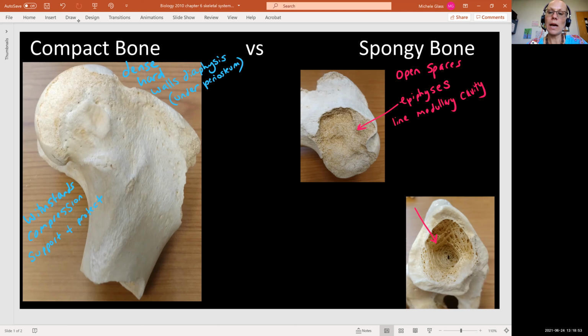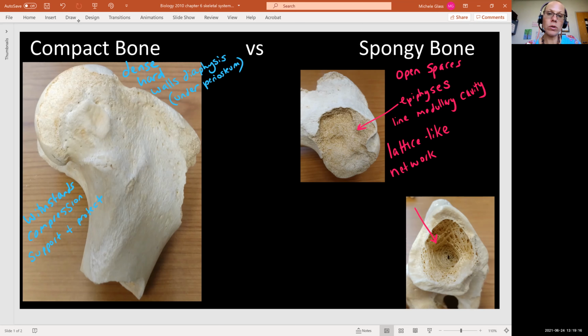When we look at the bone and we see how it lays out and we talk about the open spaces, one way you could describe the way that it looks is lattice-like. It's in this lattice-like network.